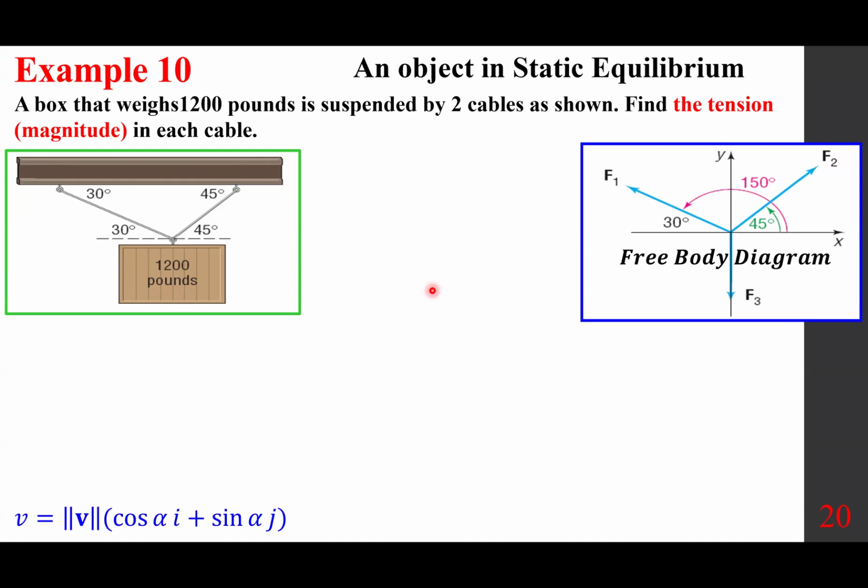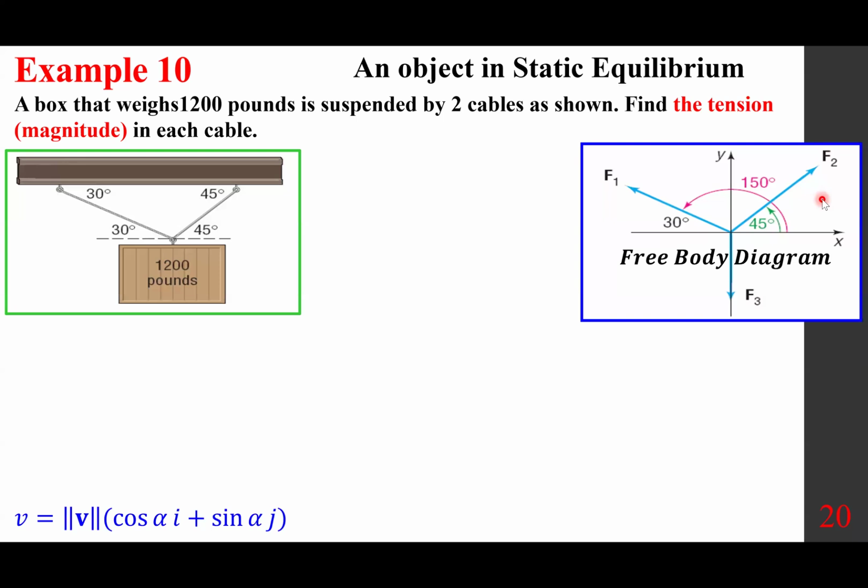So you draw the same thing such that you have a grid, a rectangular coordinate system. This is the x-axis, this is the y-axis, this angle is 45 degrees, and now you call them F1, F2, F3, okay? And this angle is 30 degrees, which means this angle must be 150 degrees.